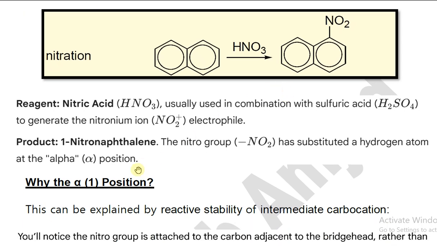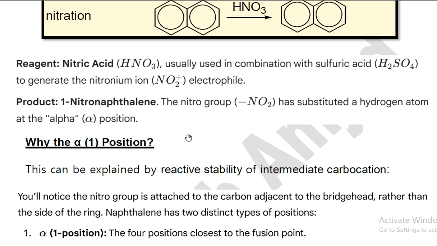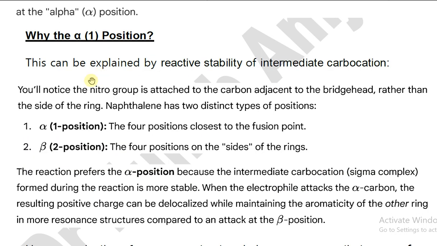So the question here is, why the alpha position? Why does NO2 enter the alpha position, not the beta position? Again, why does the electrophile enter the alpha position, not the beta position? Of course, this is related to the stability of the intermediate compounds during the reaction.